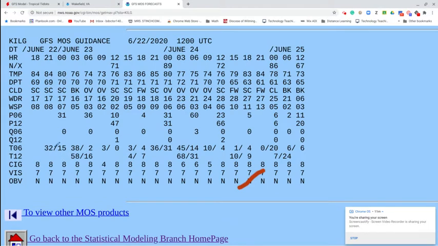So if I go down here to this T6, that means thunderstorm potential over the next 6 hours, and it tells me there's no chance between now and 6 o'clock tonight, but between 6 o'clock tonight and midnight, there's a 32% chance, with a 15% chance of it being severe.